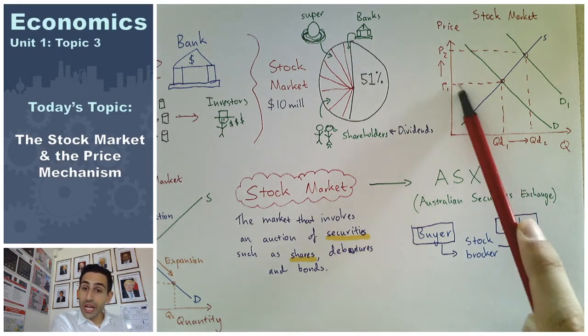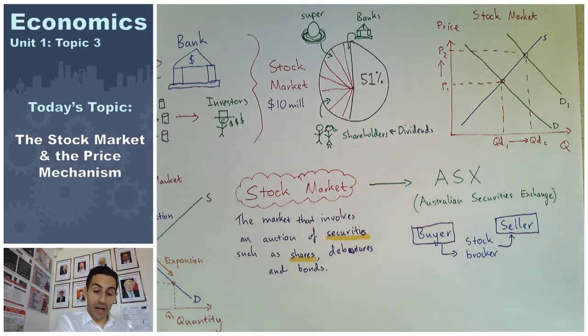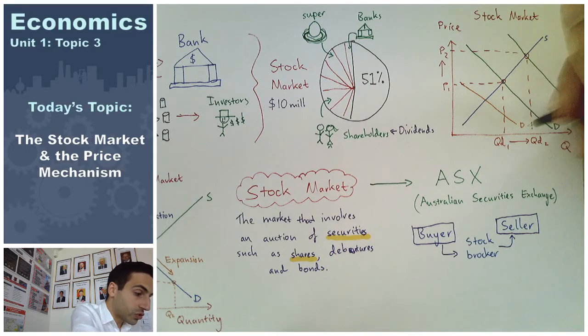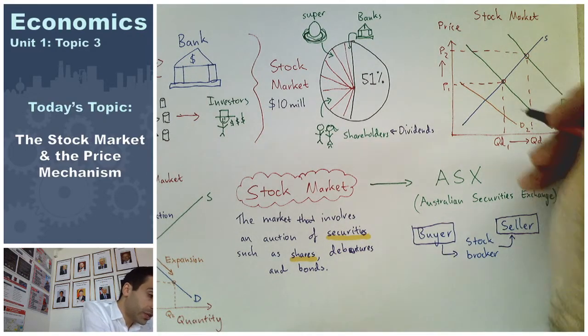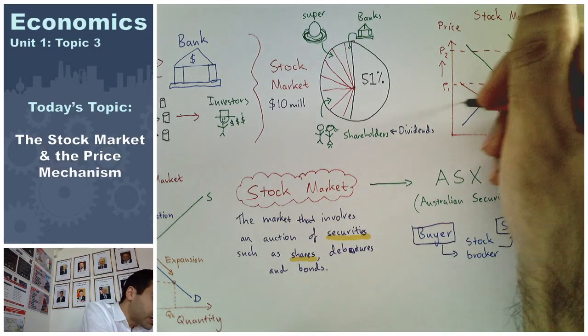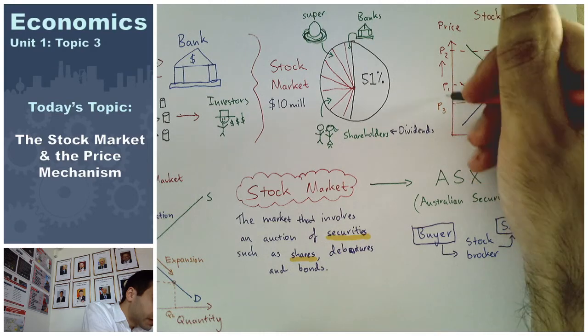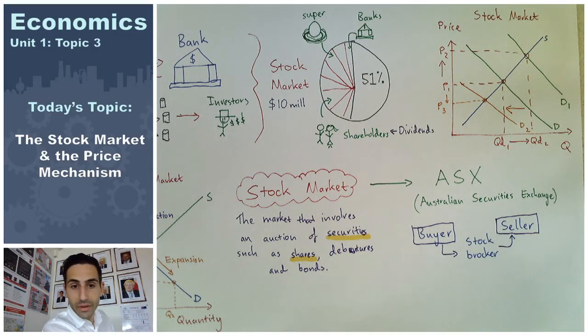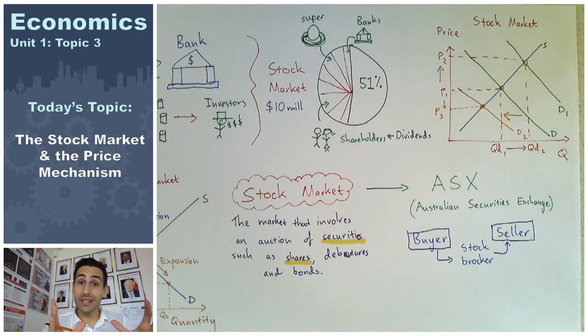So that future expectation of a company doing badly would look like this. Okay, demand would drop, demand would decrease. Right, we go in this direction, lowering the price of that share. Okay, demand is what drives share price.